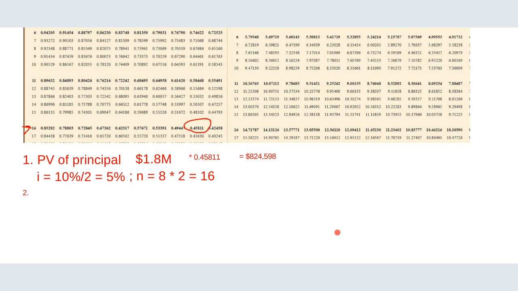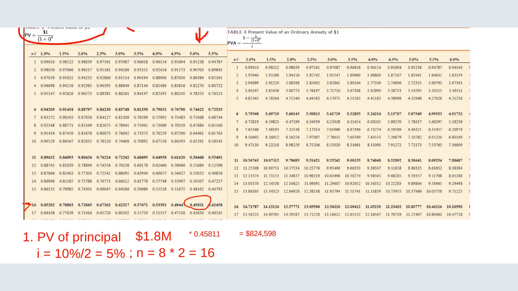The same facts apply, except that instead of going to the present value of one table, I'm going to the present value of an ordinary annuity table, column 5 and n equals 16.